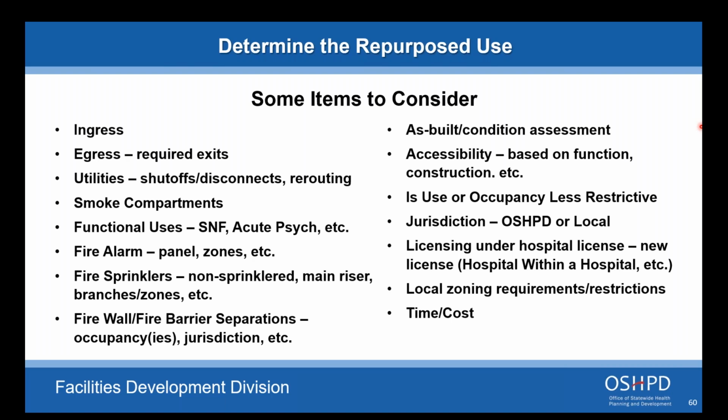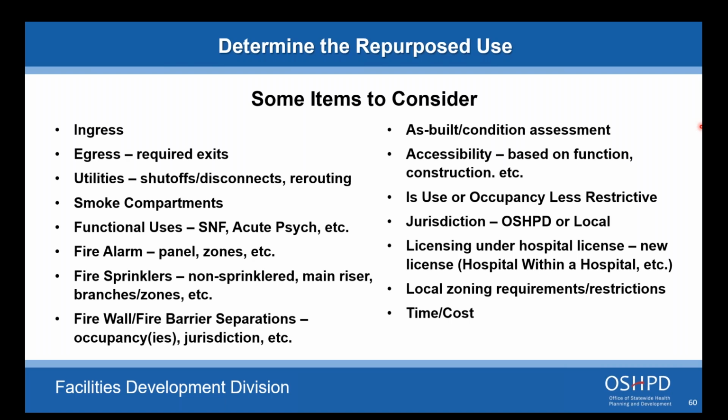You need to look at your fire alarm panels and zones to make sure they don't overlap the buildings and that the control panels are located on the hospital side of any separation that's provided. Same with the fire sprinklers. Your main risers need to remain on the hospital side of the fire separations and seismic separations.